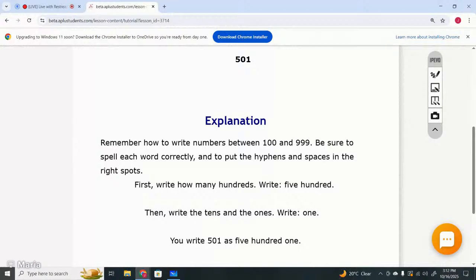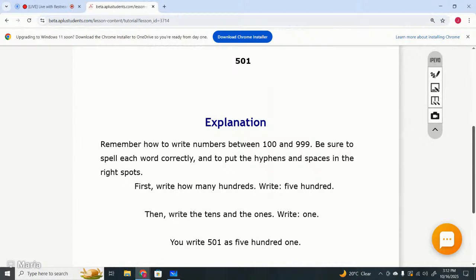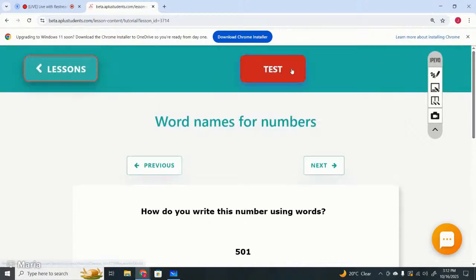That's how you write the number using words. Let's just start with the test questions.